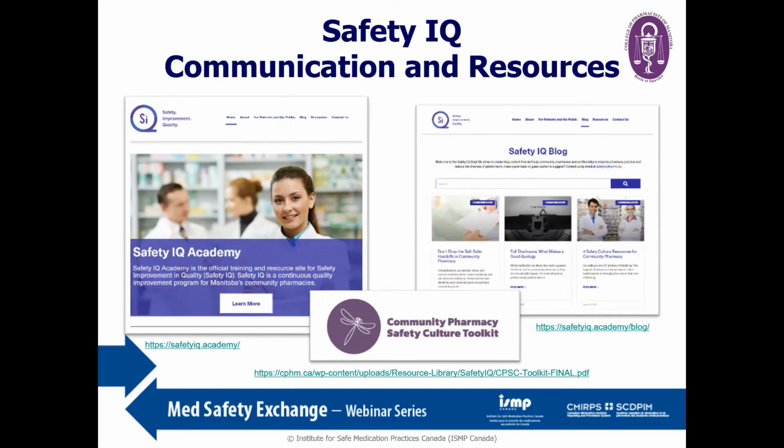Safety IQ encourages pharmacy teams to talk about and learn from medication incidents using a standard system that supports shared learning to improve community pharmacy practice. Safety IQ is really about making a safe system even safer by learning how we can do better for our patients.